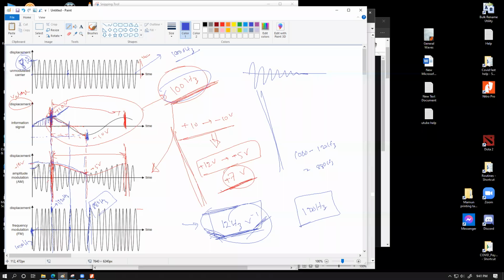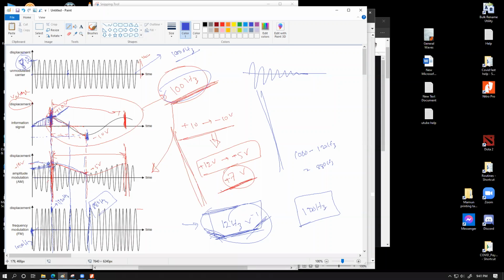So whenever the information signal goes up from 0 volt to 10 volt, you are having an increase from 8.5 to 12, that is 3.5 volts. You are having a 3.5 volt increase in the modulated signal amplitude for an information signal amplitude variation of 10 volts.